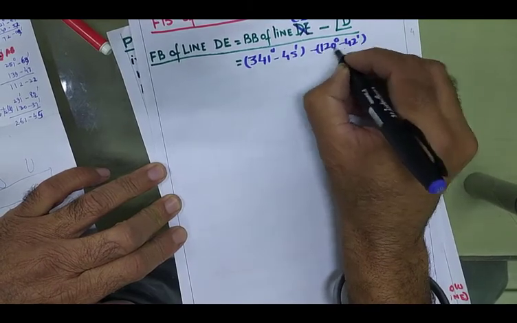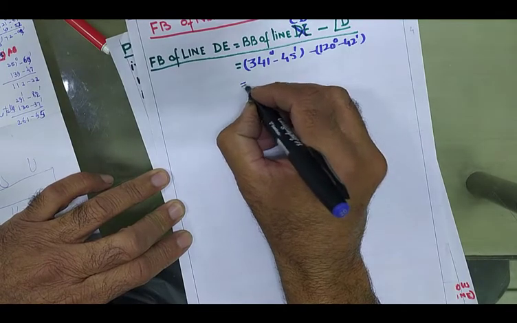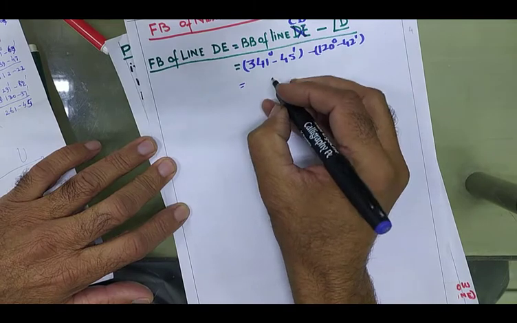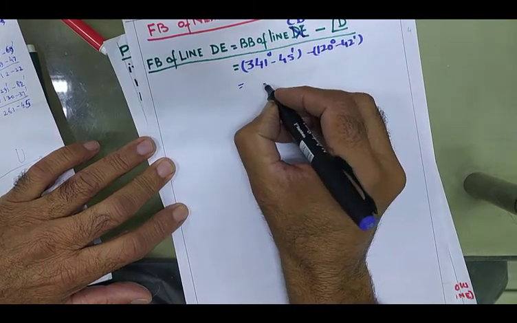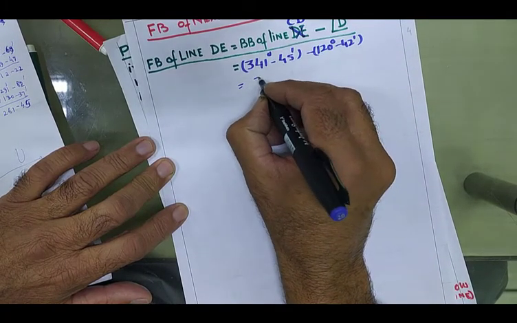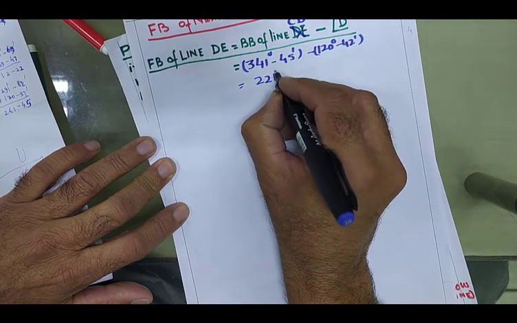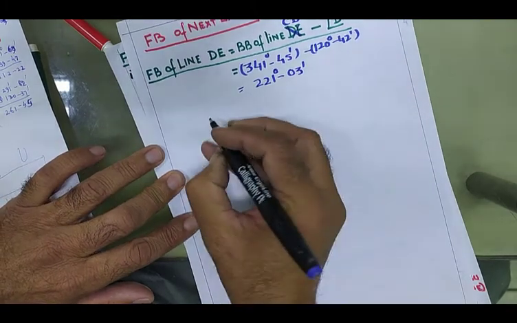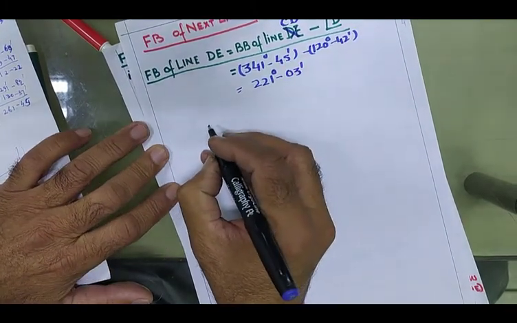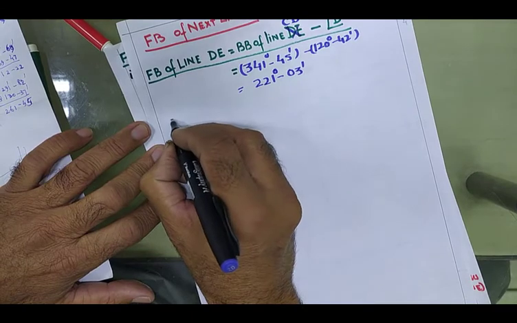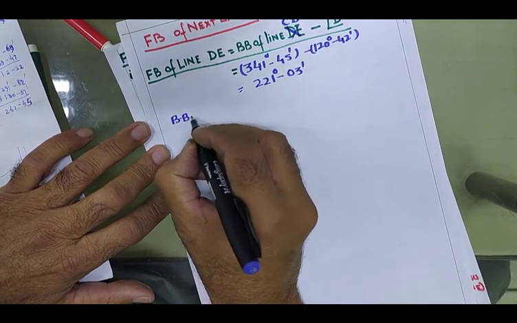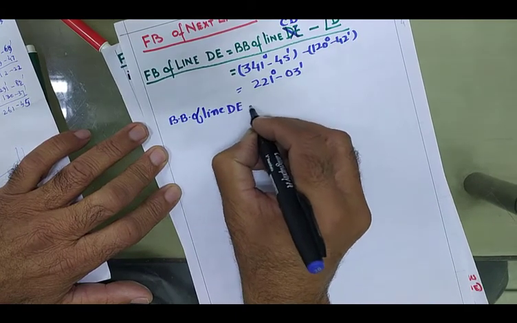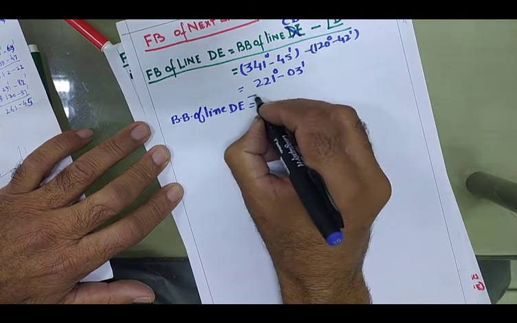This gives the forward bearing of the line DE as 221 degree 3 minutes. Similarly we are going to calculate the next bearing. From here you can calculate the back bearing of line DE, so deduct from here 180 degree.